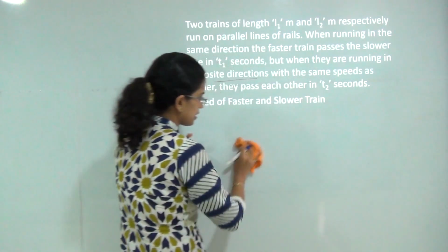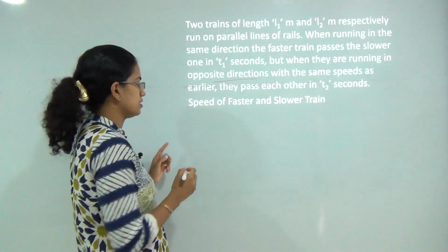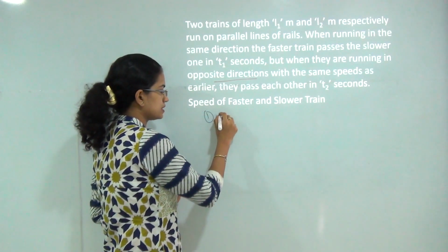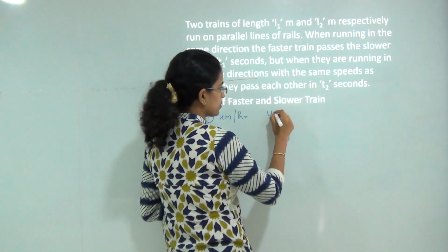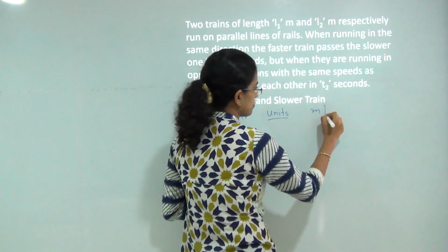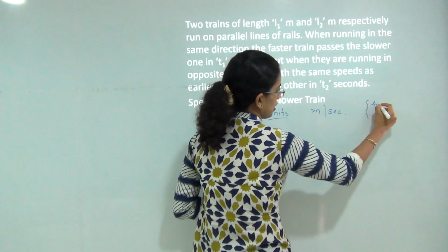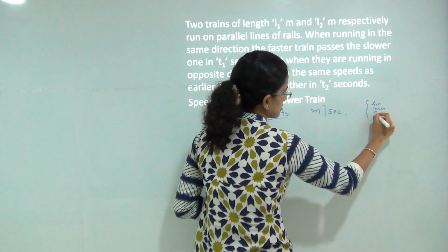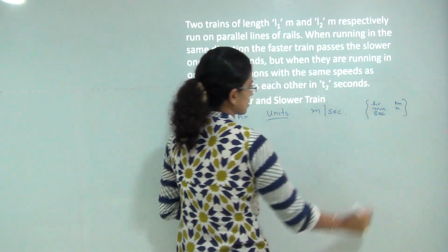Now there are few things that we must keep in mind while solving problems related to train. First of all, what I mentioned in the starting of the class, you must be sure about the units, whether it's kilometer per hour or meter per second, or whether the choices are given in say hours, minutes or seconds, kilometers or meters.